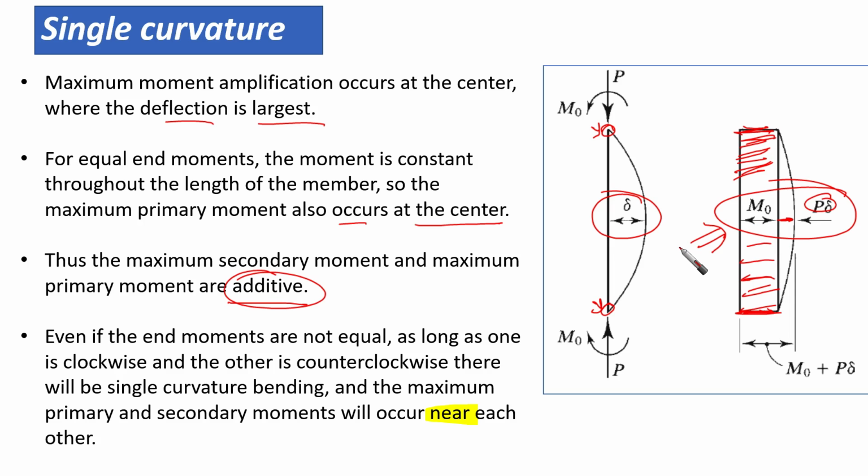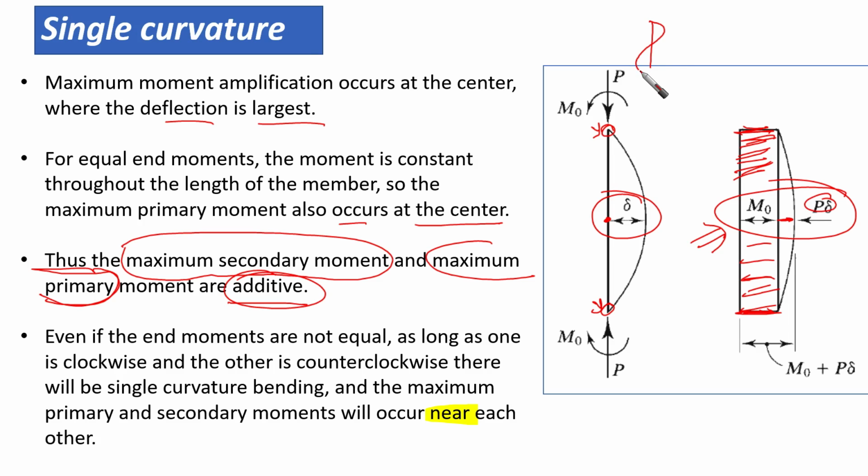We know that the maximum secondary moment, which is due to P delta, and the maximum primary moment are going to be at the same point, which is the center. But actually, when there is double curvature, the maximum deflection is going to be at the center, for example, but the maximum moment won't be.